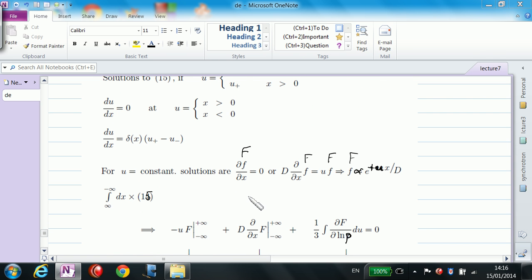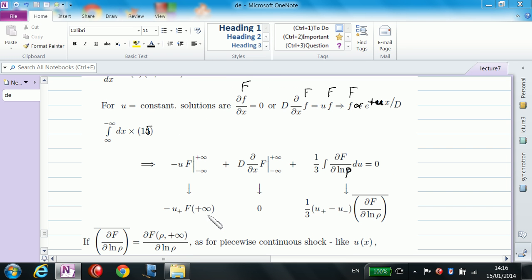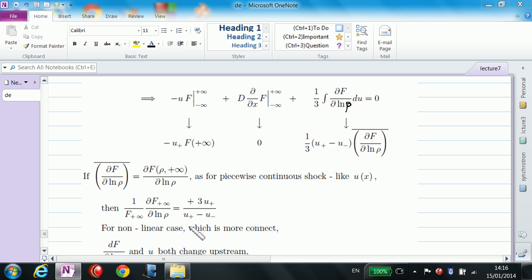In other words, we had an equation, and we just equated, at the shock, we integrated over the shock, and we balanced this term with these two terms that were both together. They gave a delta function basically.